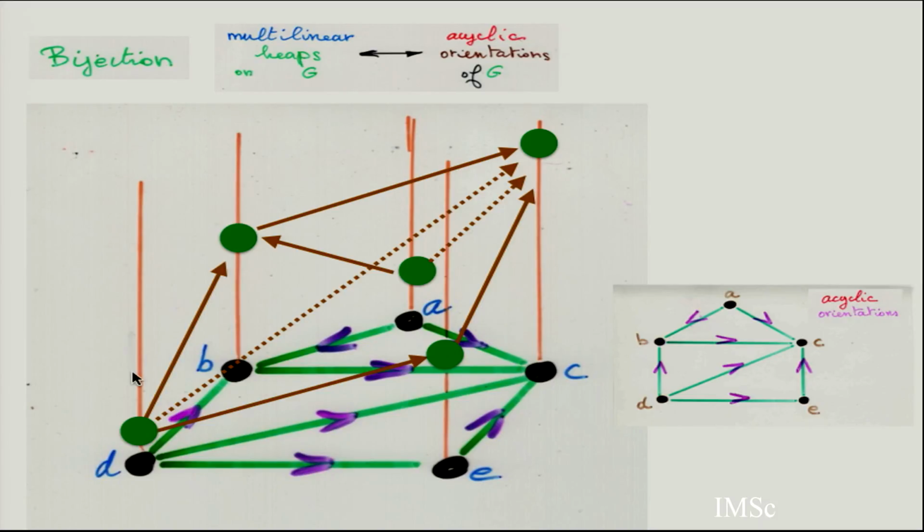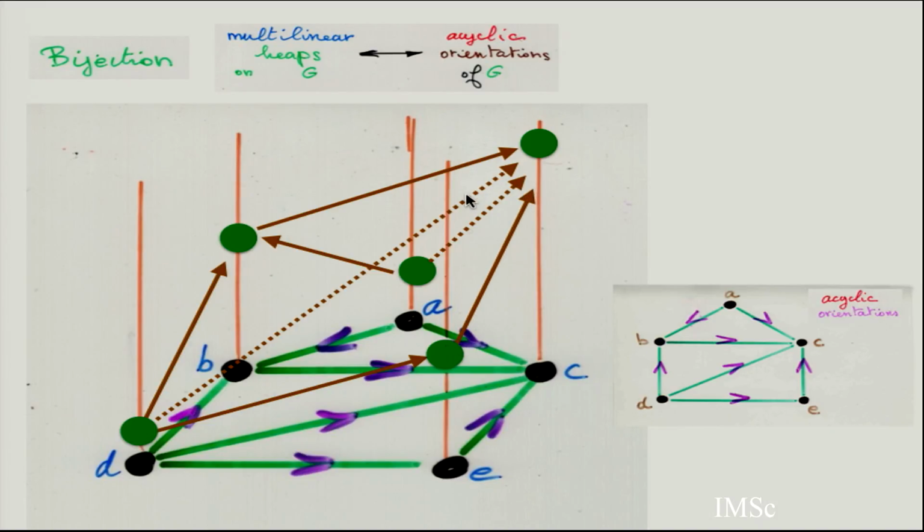So here is the bijection. You take this acyclic orientation, and you lift it. This is going to be at level 0, and there is an edge between A and B, so B must be above A. There is an edge between D and E, so I put an edge going up in the poset underlying the heap.